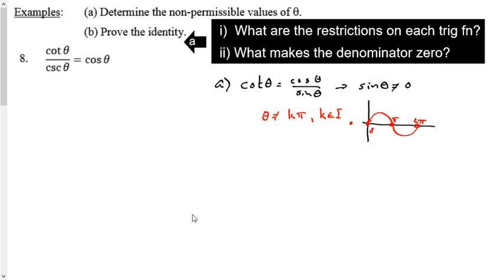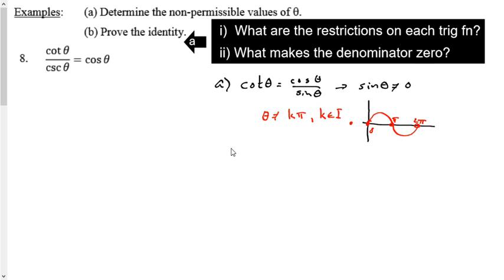Okay. So, for those of you in the classroom, I'm not sure when you joined us, but hopefully you've found the place in your notes. Right now we're determining non-permissible values for theta in the identity we're given. And when we're exploring non-permissible values, these two questions in the black box, we need to think about. So far we're thinking about restrictions on each trig function.